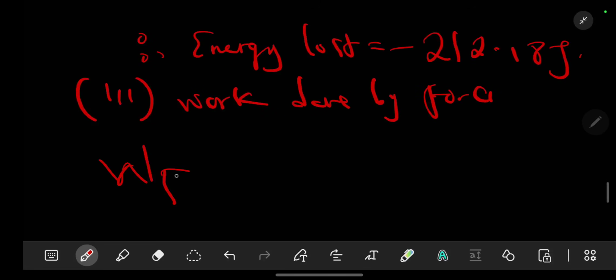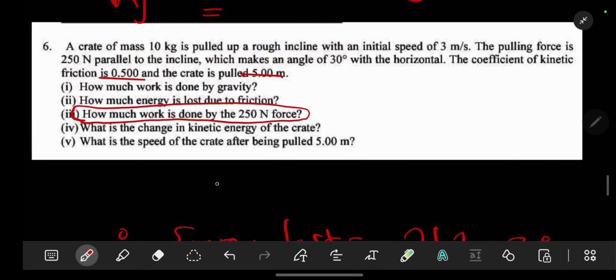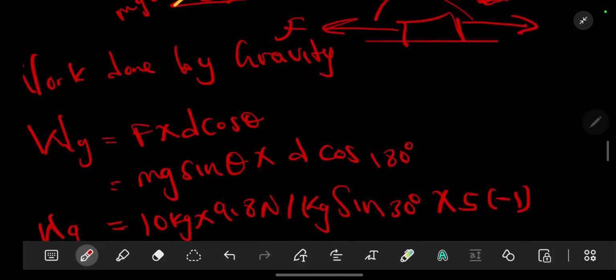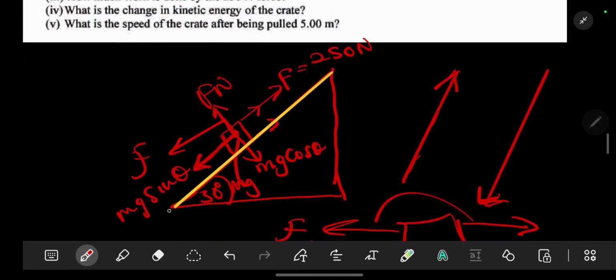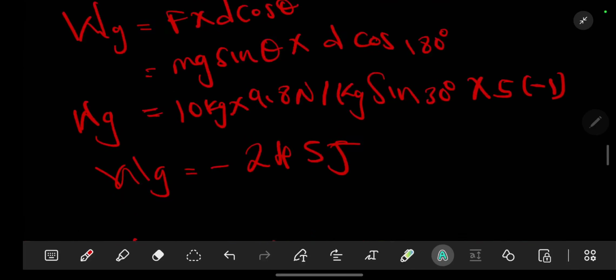The work done by the force should be equal to the force times the distance times the cosine. Remember, this force is applied parallel to the incline, meaning the angle between them is 0.